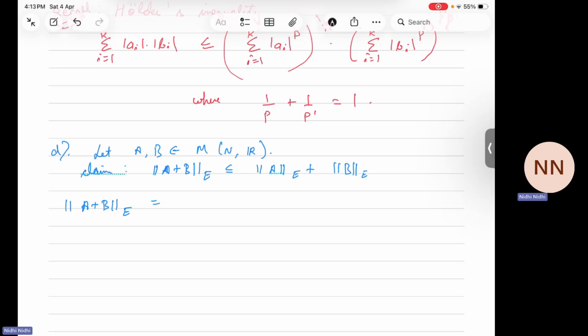That means each coordinate, suppose C is A plus B, in that case c_ij will be nothing but a_ij plus b_ij.